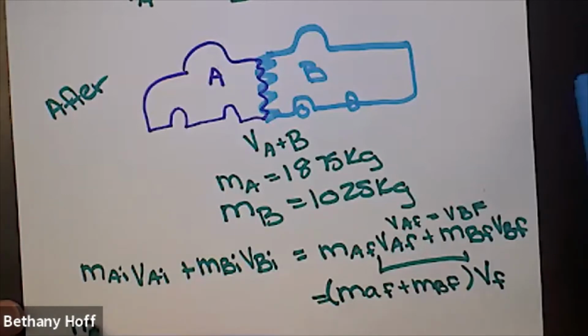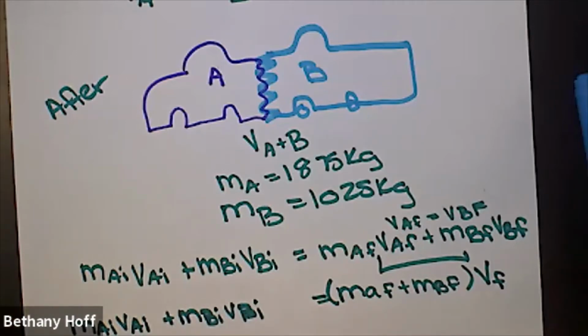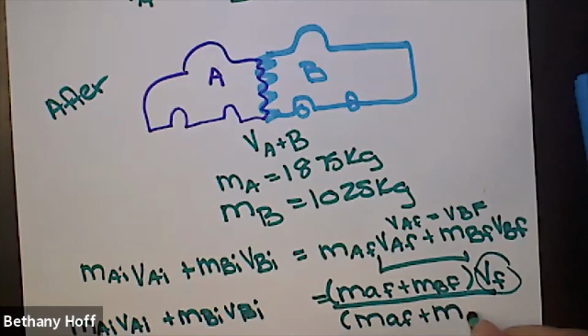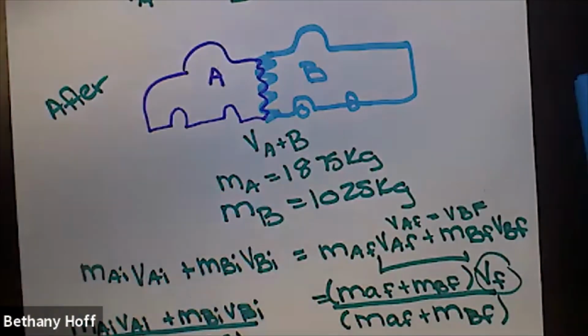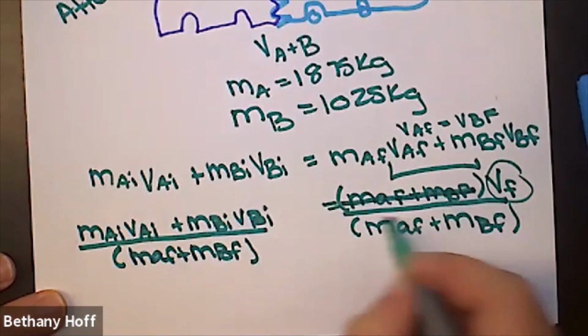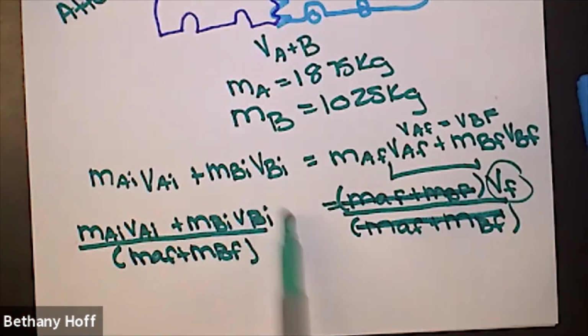And then on the other side we have the mass of A times its initial velocity plus the mass of B times its initial velocity. Since we're just trying to find the final velocity, we can divide both sides by our masses, and that gets canceled out, and I will get that my final velocity is going to be equal to this.